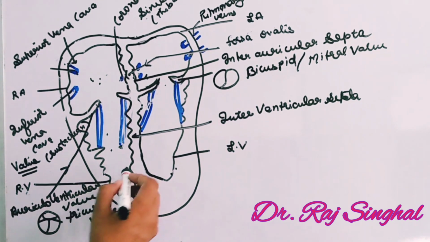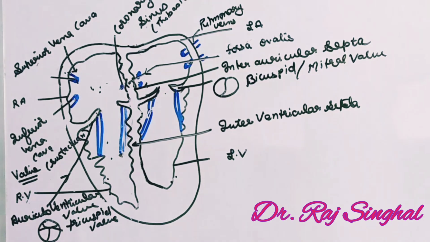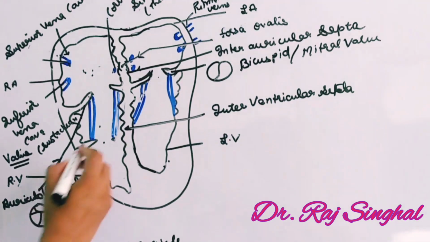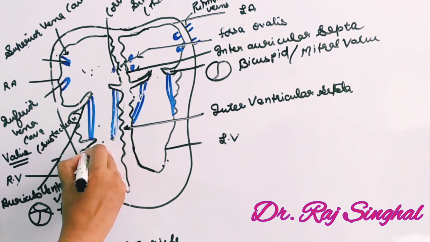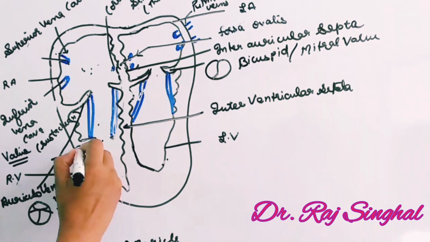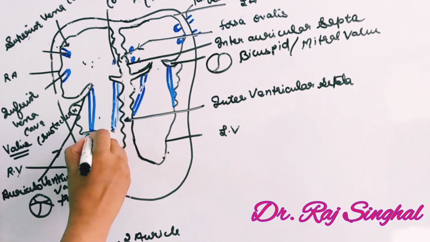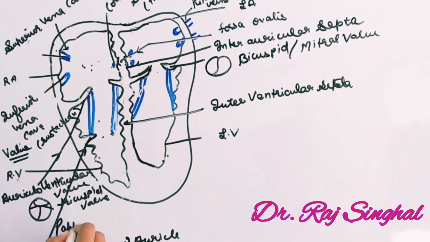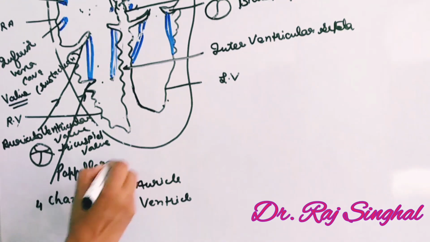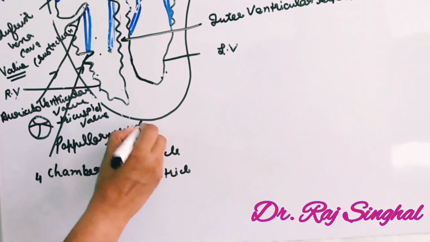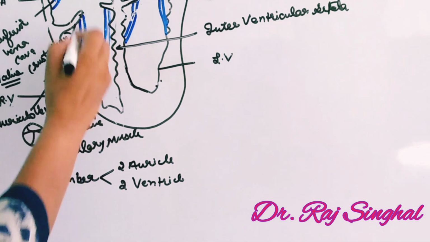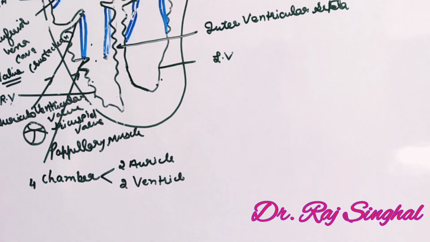Now the lower part or wall of the ventricle has ridges and grooves, and the longer ridges are known as papillary muscles. Thread-like connections can be seen in between the valve and these papillary muscles.